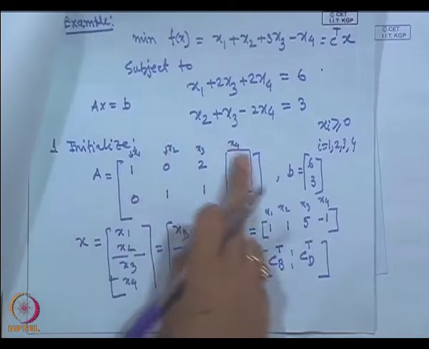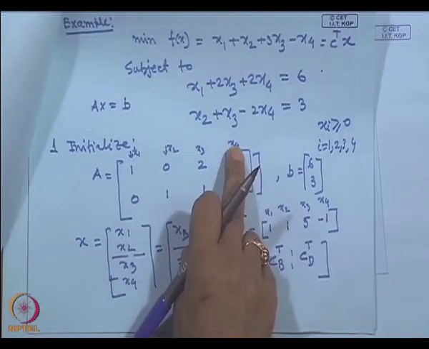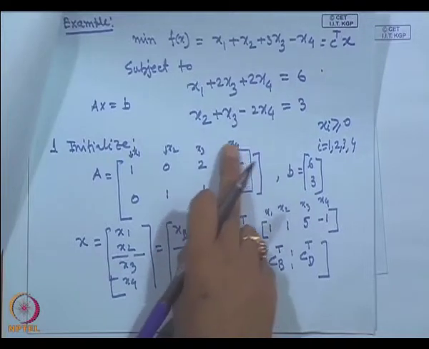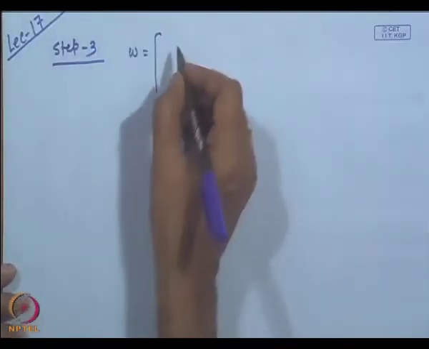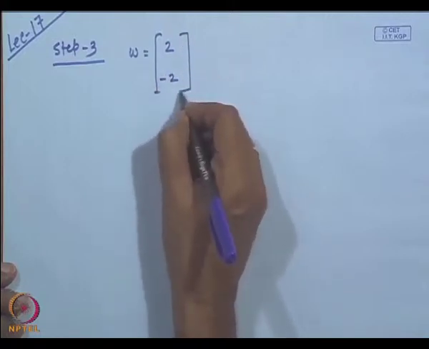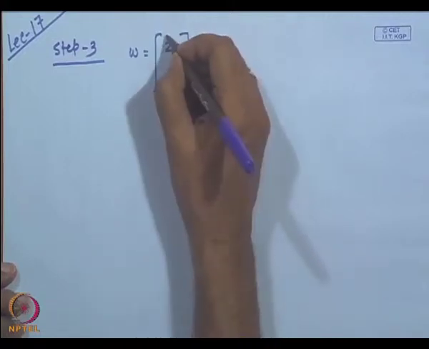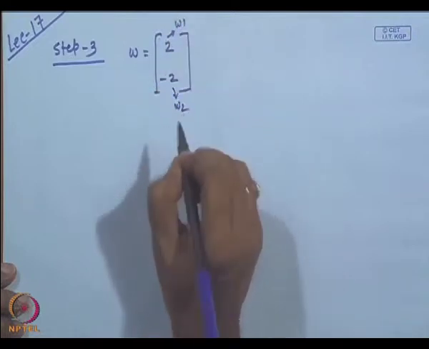See, our A matrix is this one, and x 4 is now entering as a basic variable. So, this column we define as w, that is 2 minus 2. Let us call this element w 1 and this element w 2.